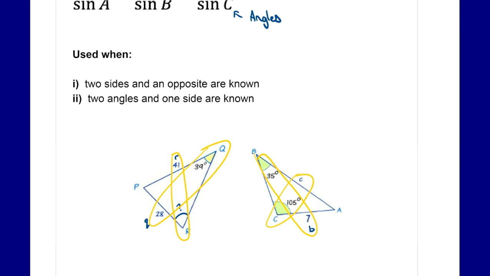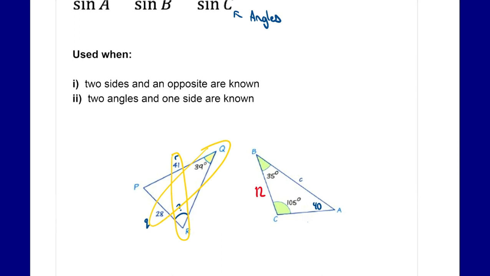7. The reason we say two sides or two angles and one side, and we don't really specify which one, is because if I didn't have this side length here, maybe I had this side length and this one was covered up, I can find this third angle because all angles in a triangle have to add up to 180.